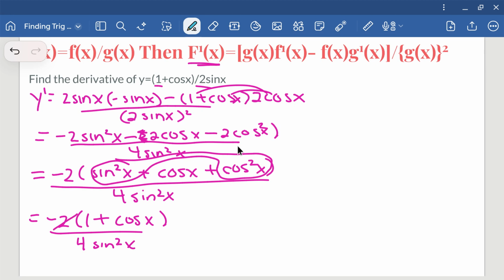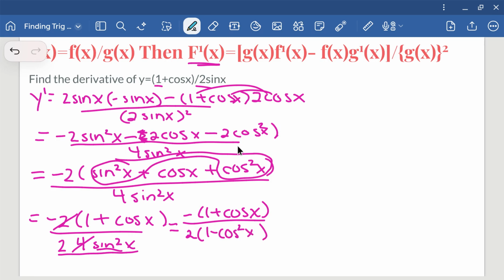I can also recognize that my fraction in front would reduce. So what I'm going to do as well is notice that 2 sine squared x is an identity. So I'll have that negative still out front of 1 plus cos of x, but the identity I'm going to replace with, so that 2 is still there, but sine squared x ends up being 1 minus cos squared x.